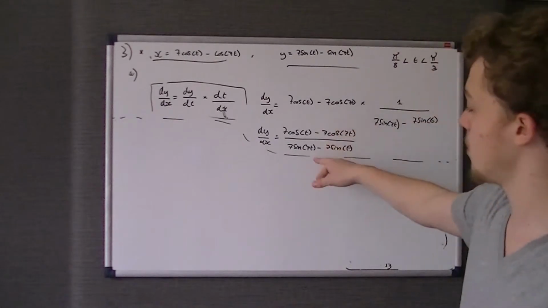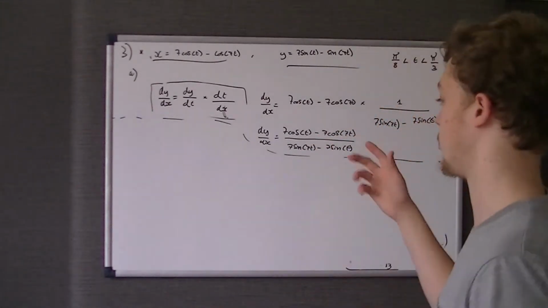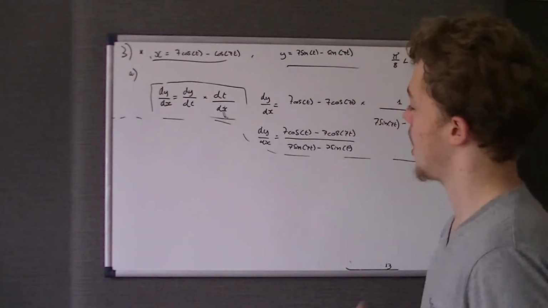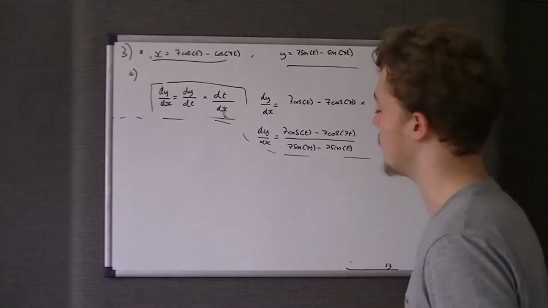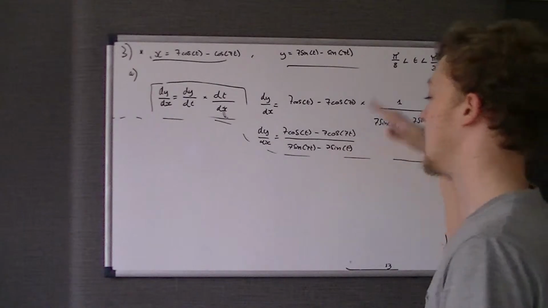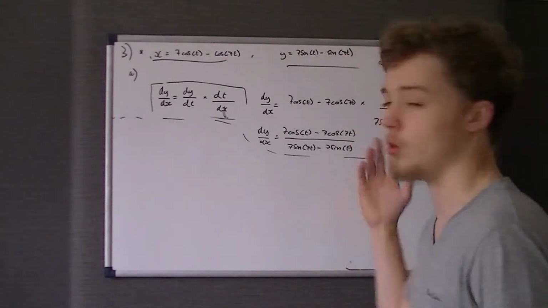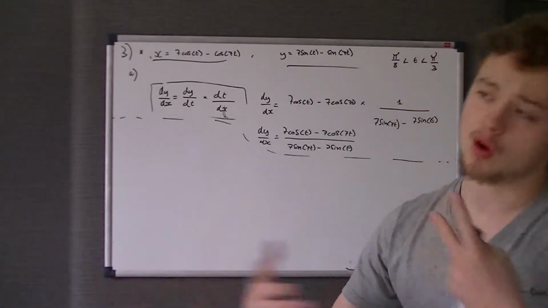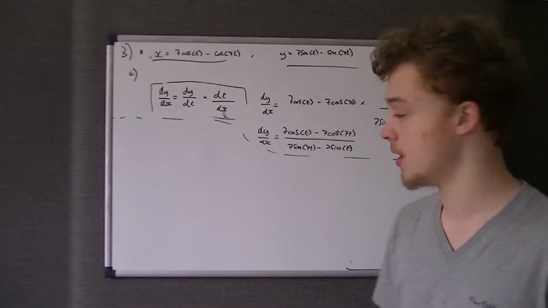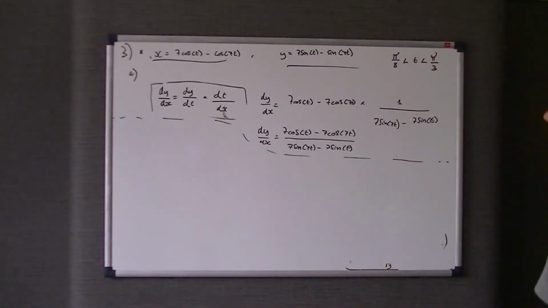Because we haven't got a constant angle, we haven't got it all in terms of t, or all in terms of 7t, it would get quite complicated. You'd probably have to use the double angle formula to keep narrowing it down so we get all of them as a single angle, and then work out what that translates into as a single trig function. And that'd be way too much effort, and it would probably be quite difficult.